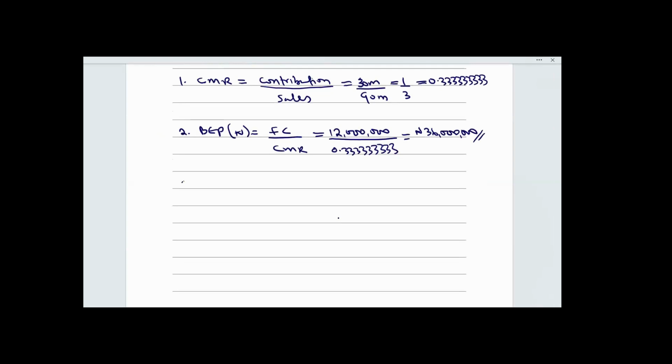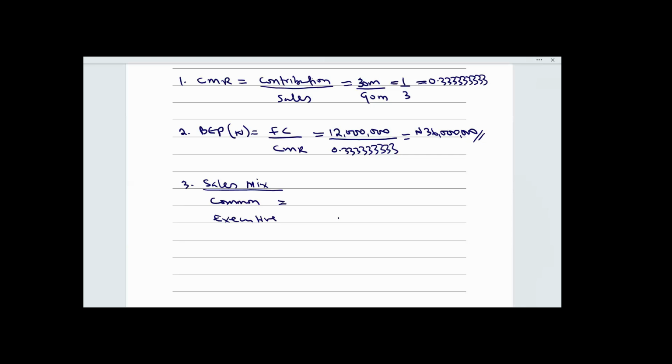Then step 3 says you should calculate sales mix for each product by dividing the revenue of each product by the total revenue. So we calculate sales mix. We have common and we also have executive bags.